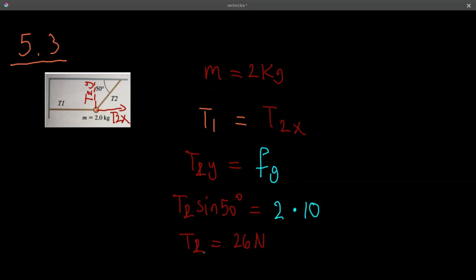Using the fact that T2 is equal to 26 newtons, I can now solve for T1, right?